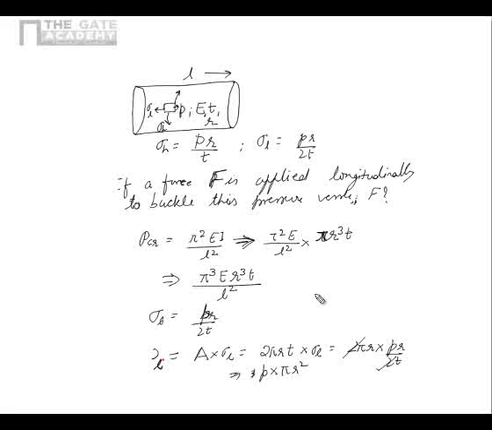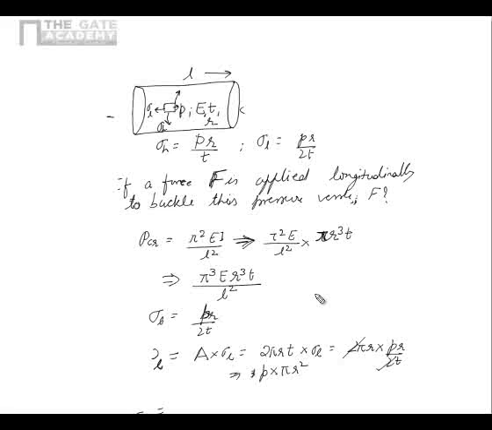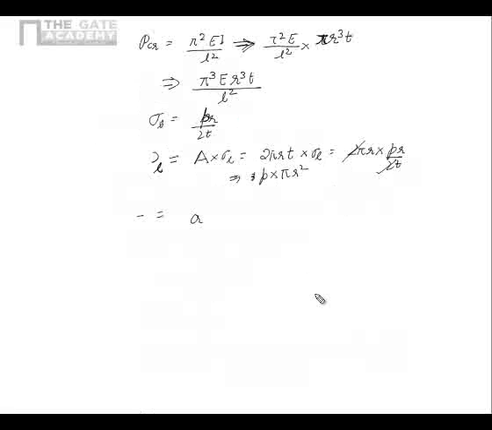So what we have to do is that the value of force which needs to be applied in this direction, this is the F, should be equal to P critical, which is the force required to buckle the structure, plus P_L, because that is the force required to overcome the tensile loading which is there.